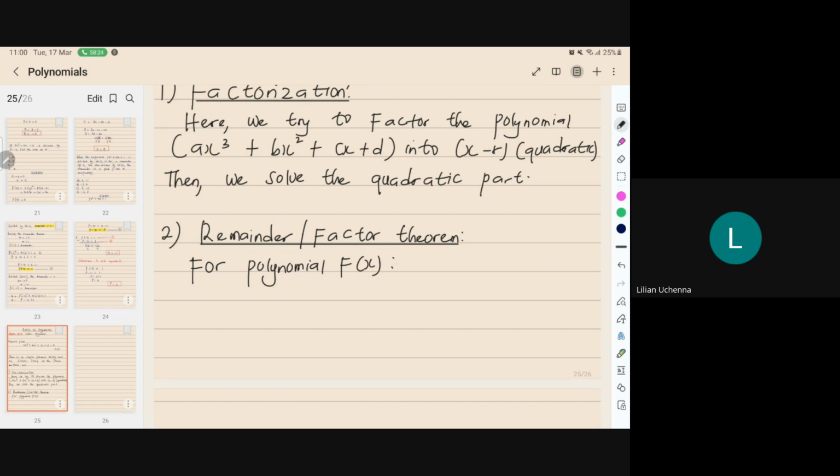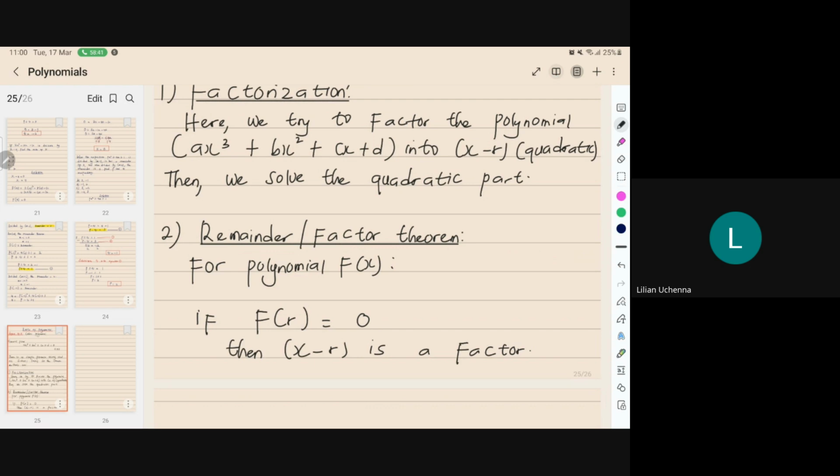For a polynomial f(x), if one of the factors is equal to 0, then x minus r is a factor. I'm going to solve an example anyway.